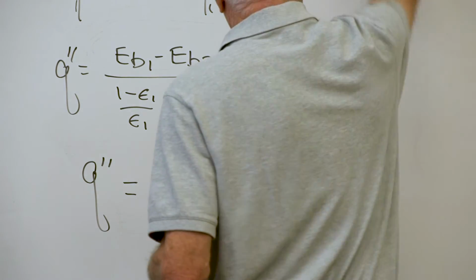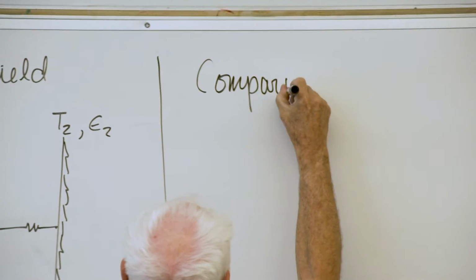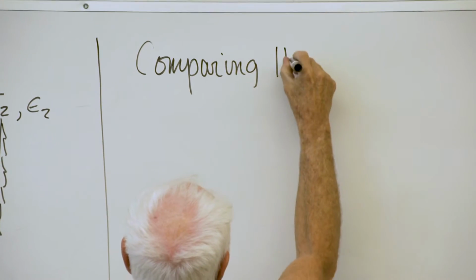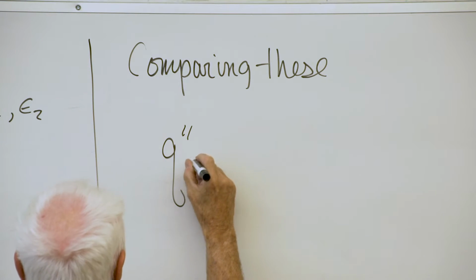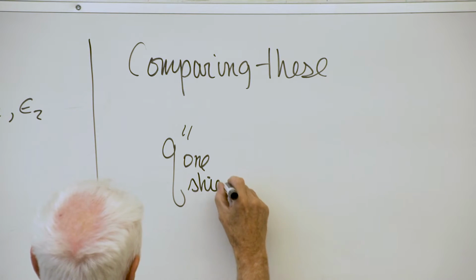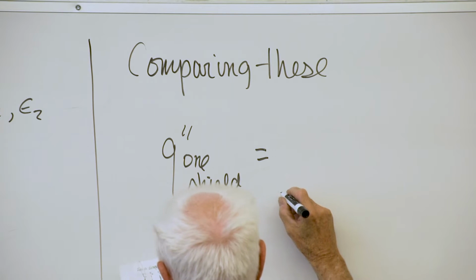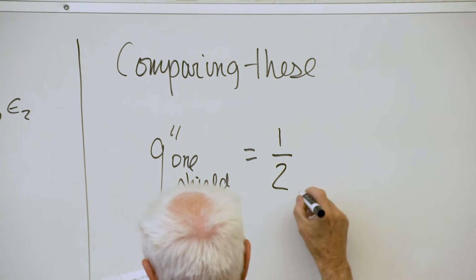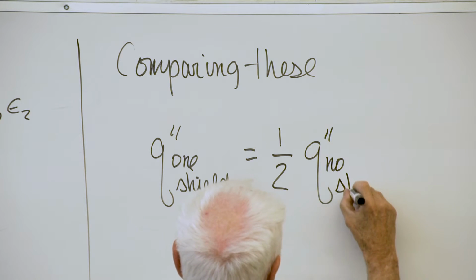So comparing these, Q double prime 1 shield equal 1/2 Q double prime no shields.